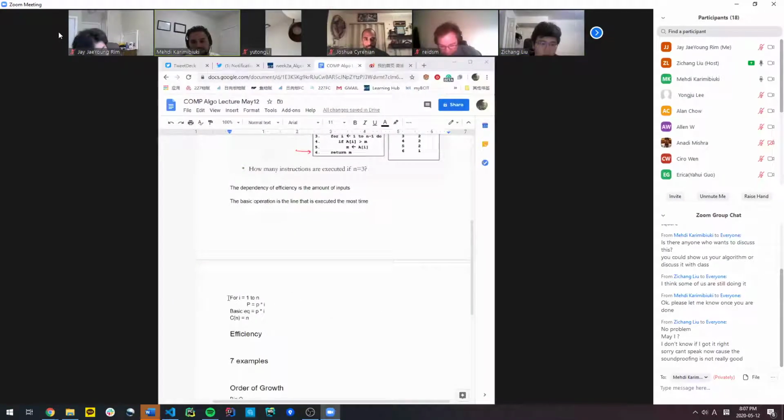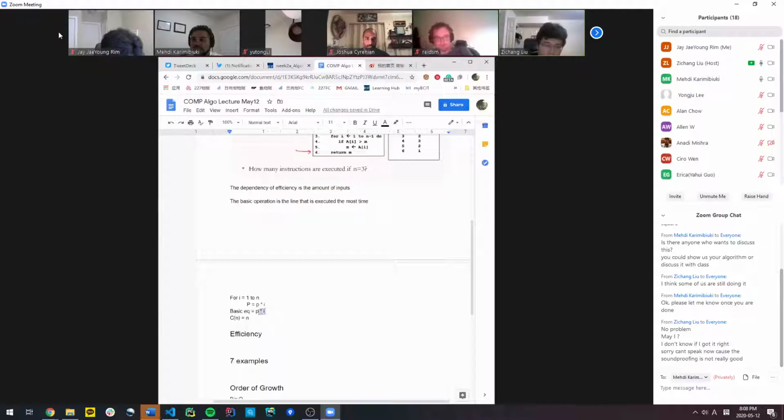Here's what I got for the equation. I'm not sure if I'm getting this right because I'm still digesting it. Yeah, that's correct. If you want to do it from n to 1, you can just start from 1 to n, and then you would just be multiplying the number by itself.